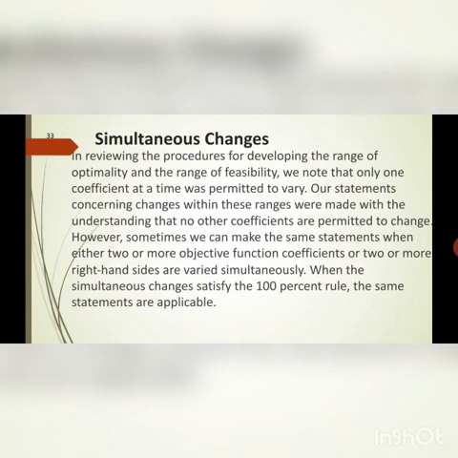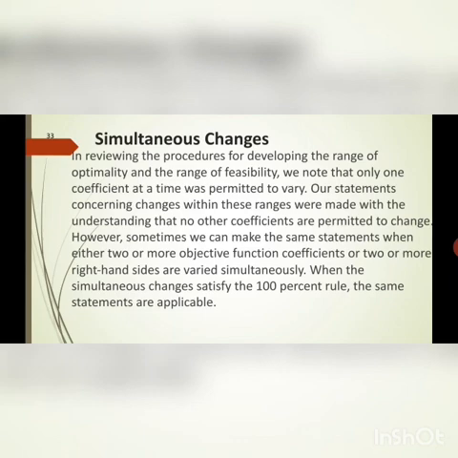So, the last one is the simultaneous changes. In reviewing the procedure for developing the range of optimality and the range of feasibility, we note that only one coefficient at a time was permitted to vary. Our statements concerning changes within these ranges were made with the understanding that no other coefficients are permitted to change.